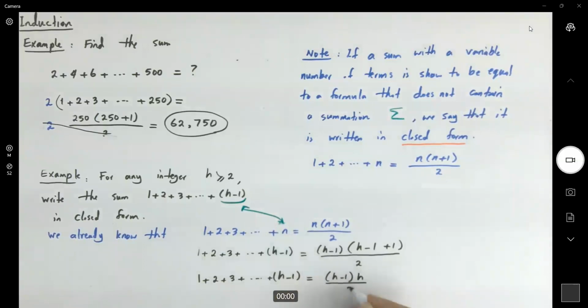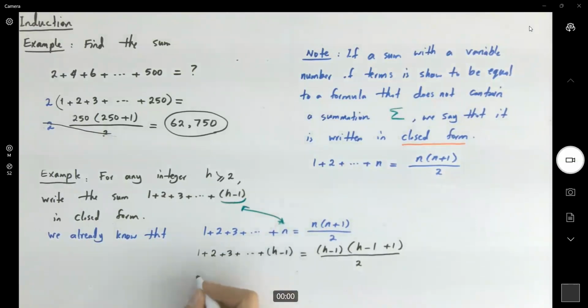So what you did, you just took the sum of the very first n minus 1 numbers. So that makes sense. We just do the substitution.